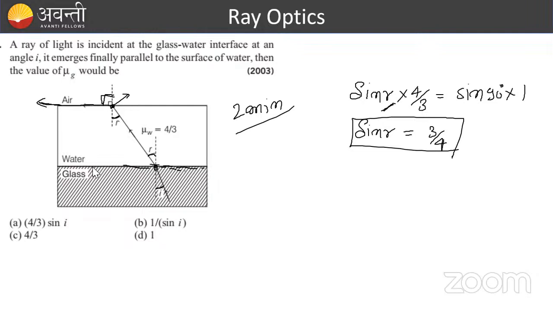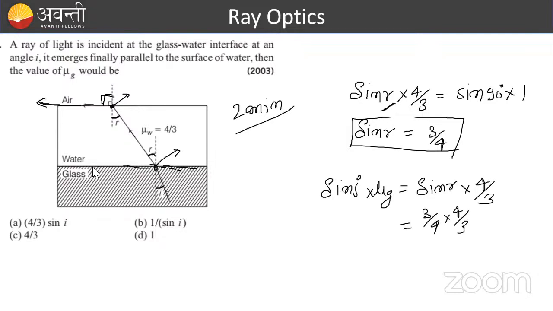So we now know sine R. Now let's apply Snell's law at this interface. If you do that, sine I into mu glass will be equal to sine R into mu water, that is 4 by 3. Now here sine R is equal to 3 by 4 and this is 4 by 3, so it will become 1.